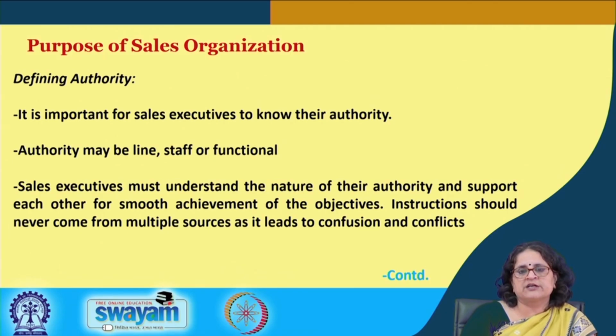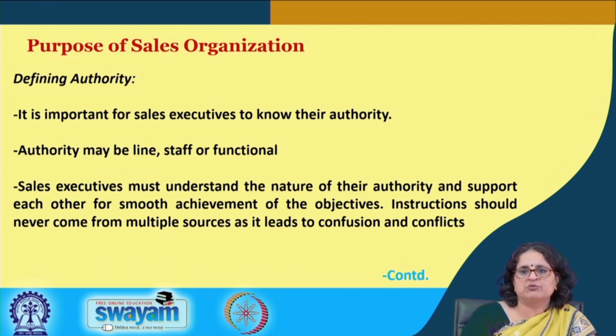So sales executives must understand the nature of their authority, and they must support and coordinate with each other, because line, staff and functional all actually help each other, and they must rely on each other's support for achievement of the objectives. Not everybody would do the line function, not everybody would be specialized in the staff function or the functional role, but they all must understand that they help each other and must work in coordination for the smooth achievement of the objectives.